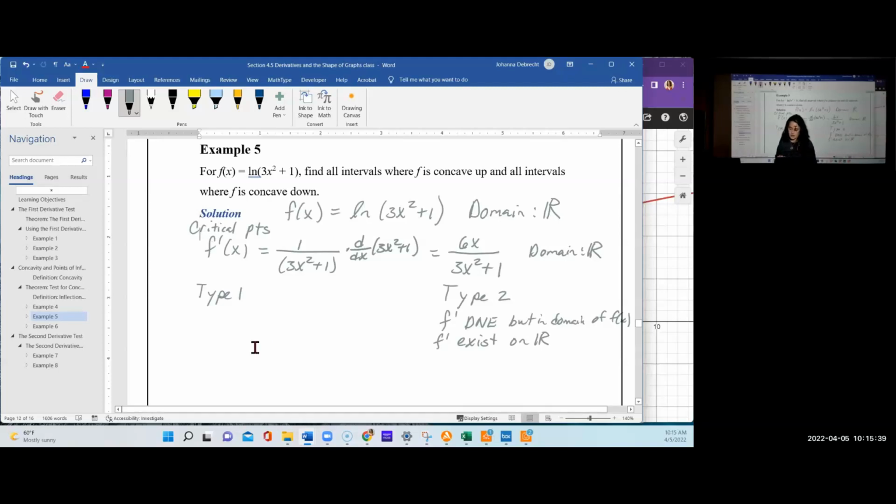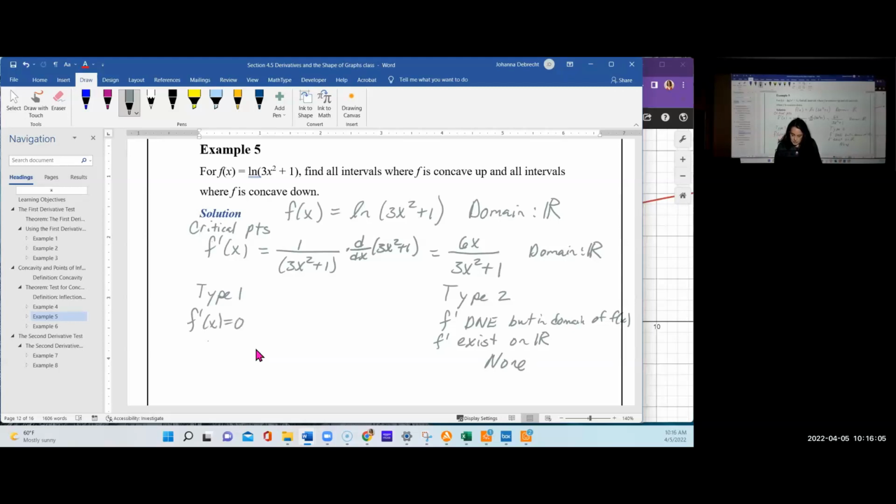So f prime always exists. So we have none of type 2. Type 2s are relatively rare. I see them most of the time when you have a square root or a cube root in the original, and you take the derivative and it puts it in the denominator. That's typically where you'll see a type 2 coming in. All right, so our type 1s are f prime of x equal to 0.